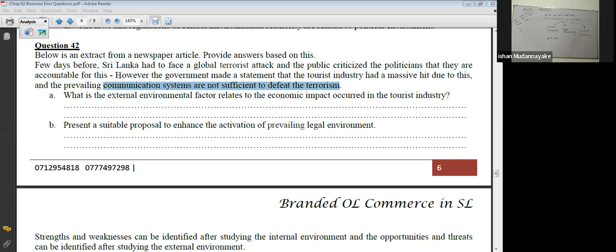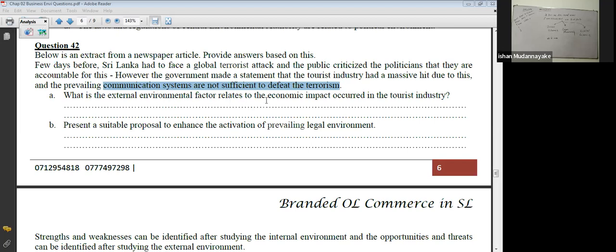Then what's the answer? Look at the question. Few days before, Sri Lanka had to face a global terrorist attack, and the public criticized the politicians. However, the government made a statement that the tourist industry had a massive hit due to this, and the prevailing communication systems are not sufficient to defeat the terrorism.